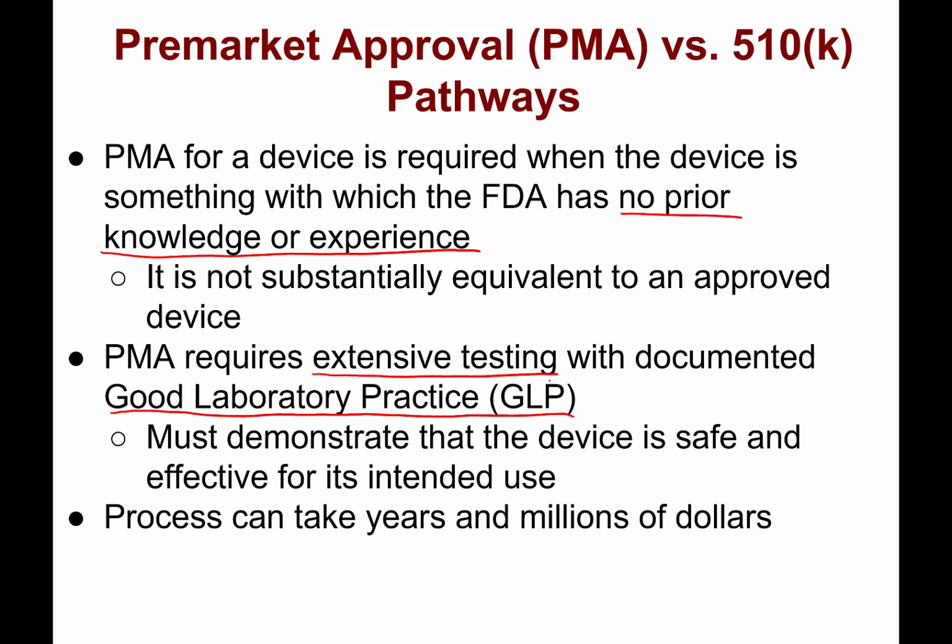So it's a very, very rigorous approach. And then these results have to demonstrate that it's safe and effective for its intended use. This PMA process can take years and millions of dollars to get a device approved this way. So the 510K pathway is much more expedient and cost effective. That's the pathway that companies have traditionally tried to go through to get devices to market.